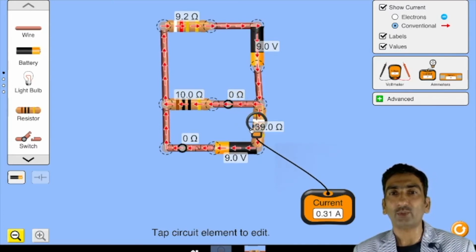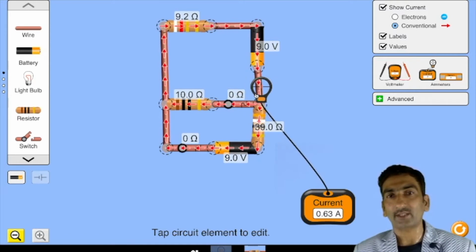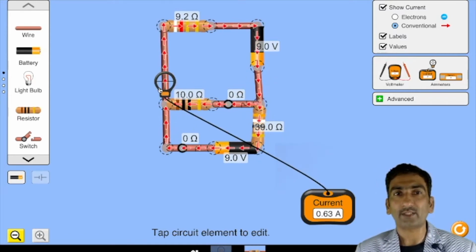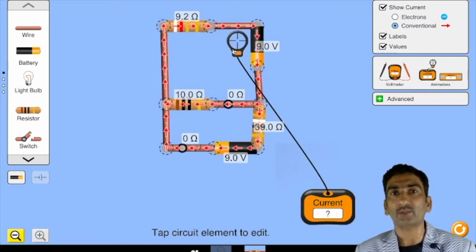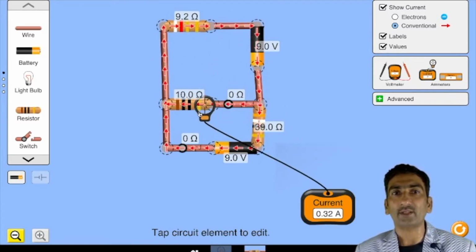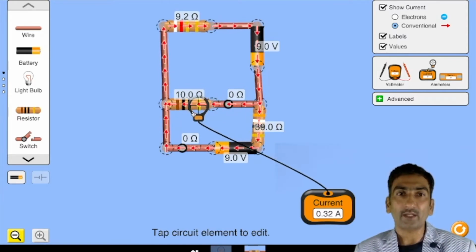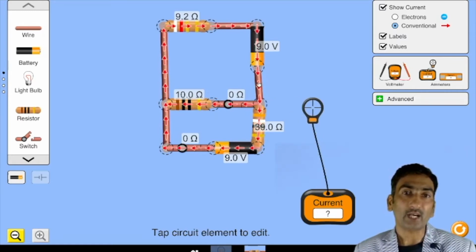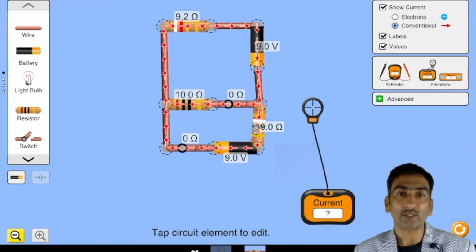If you add these two, it becomes 0.63. In the same way, across these three parts the current is the same, 0.63, but here the current is different because there is a different resistor. So there are three different currents: you can take this as I1, this as I2 and this one as I3.